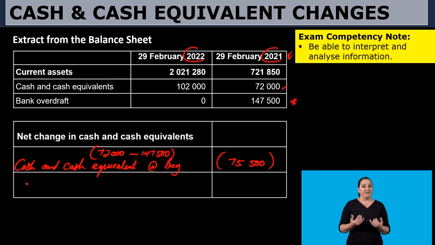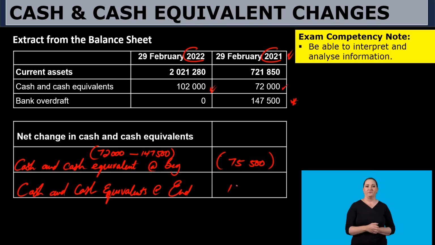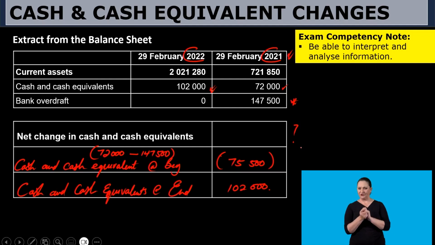Then I will now have my cash and cash equivalents at the end. How much is that? There was no overdraft in this case, so it's 102,000. Now the question then is, how do I get this net change in cash and cash equivalents?